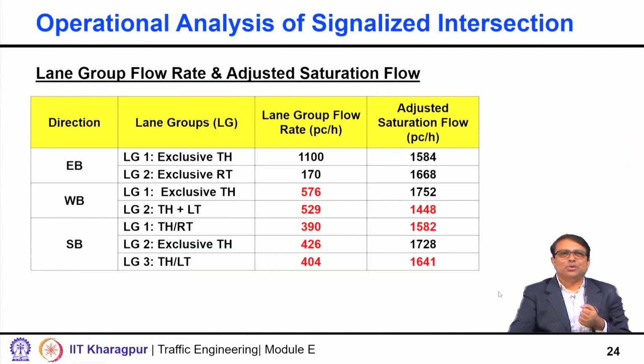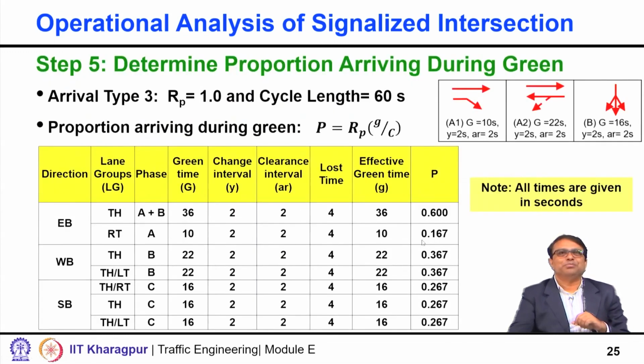Finally, you get all of this: the different directions, different lane groups, and the lane group flow rate and saturation flow values are both summarized in this table. The red values are those we could not get directly, but following all these procedures we finally get them.